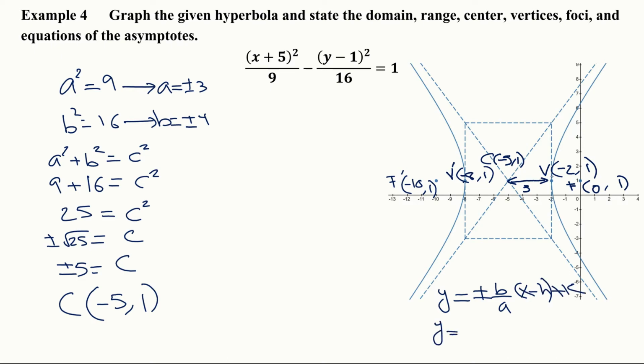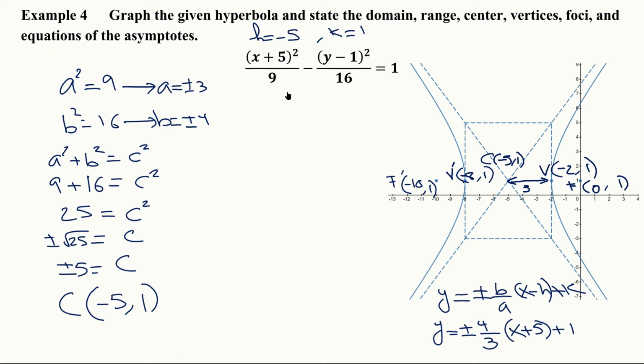So we're going to have y equals plus or minus b, which is 4, over a, which is 3, times x minus h. Remember, h is negative 5, and k is 1. Okay, so x minus negative 5 becomes plus 5, and then plus k, which is 1, right?